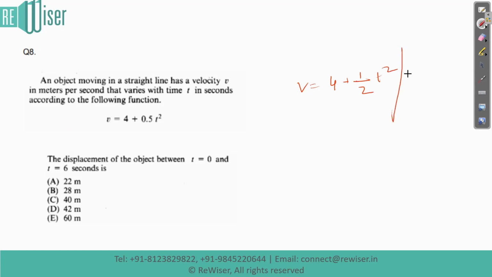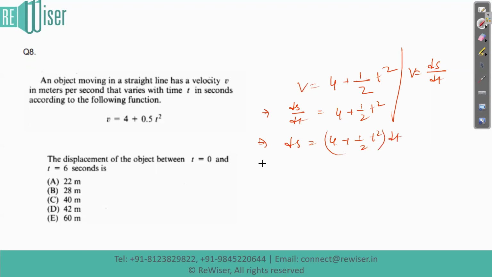And we know instantaneous velocity is ds/dt, right? So we can write this as ds/dt = 4 + half t square. Now I can bring this dt to this side.